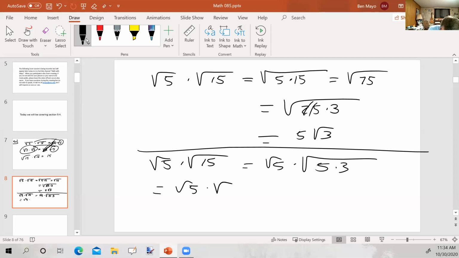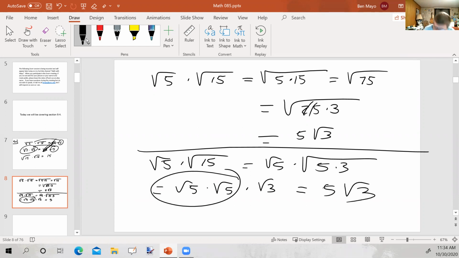Which would be the square root of 5 times the square root of 5 times the square root of 3, right? Yes. What's that? Square root of 25. Yes, it is, but jump to the finish line. It's 5. I'm trying to get you to skip that step because you don't need to go there. So that's going to be 5 square roots of 3.